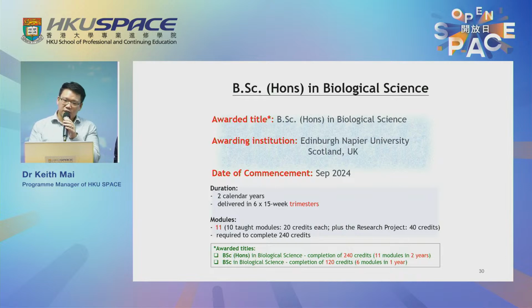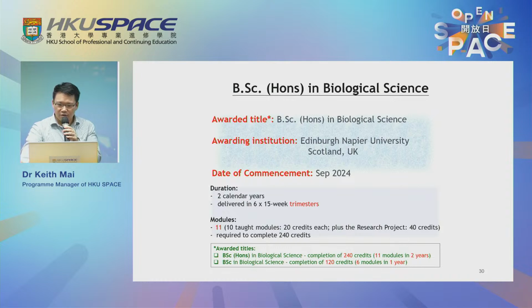So again, this is the BSc in biological science. The program commences every year in September. The normal duration is 2 calendar years, delivered in 3 trimesters of 15 weeks each.